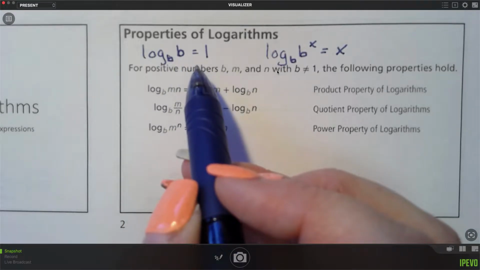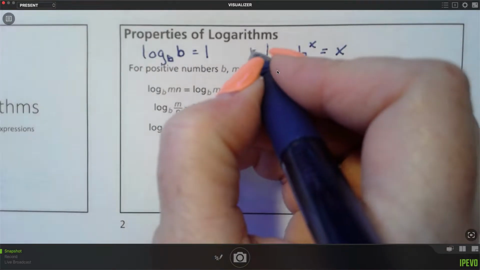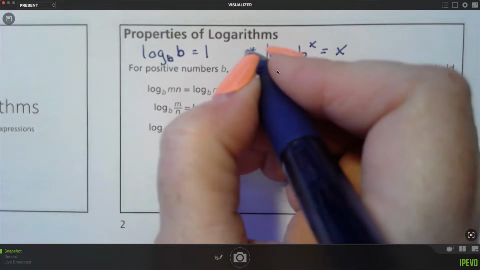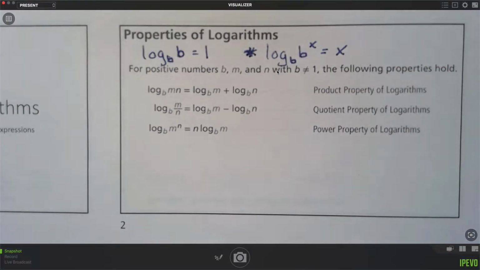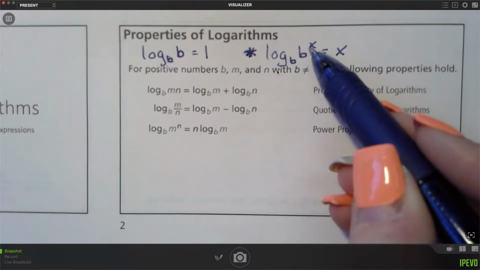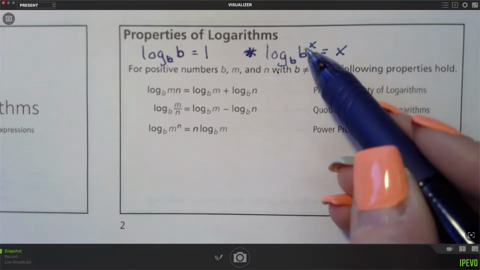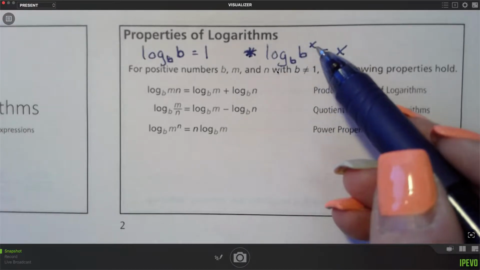That's why it's 1. So if I need to remember one, it needs to be the second one, because the x is 1 over here, right? So when your bases are the same, your answer is your exponent, and you saw that over and over last week, didn't you?